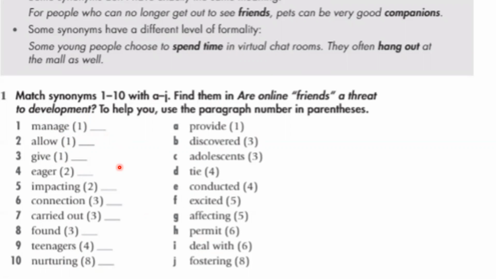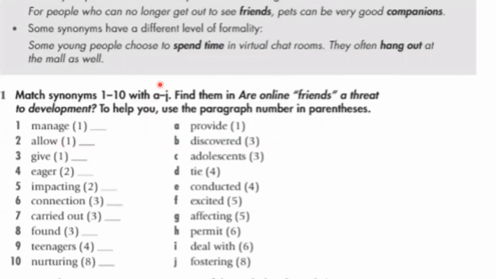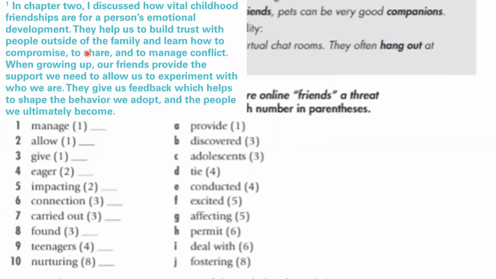For example, the first word is manage. And in the lecture, in the first paragraph, it says, they help us to build trust with people outside of the family and learn how to compromise, to share and to manage conflicts. All right?